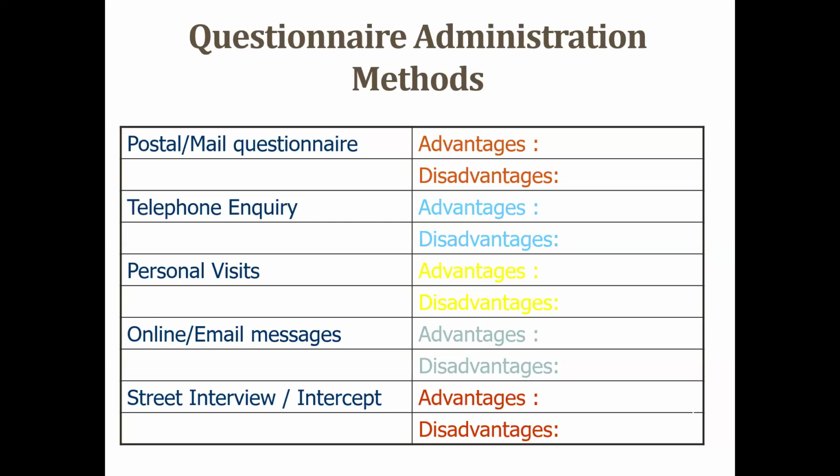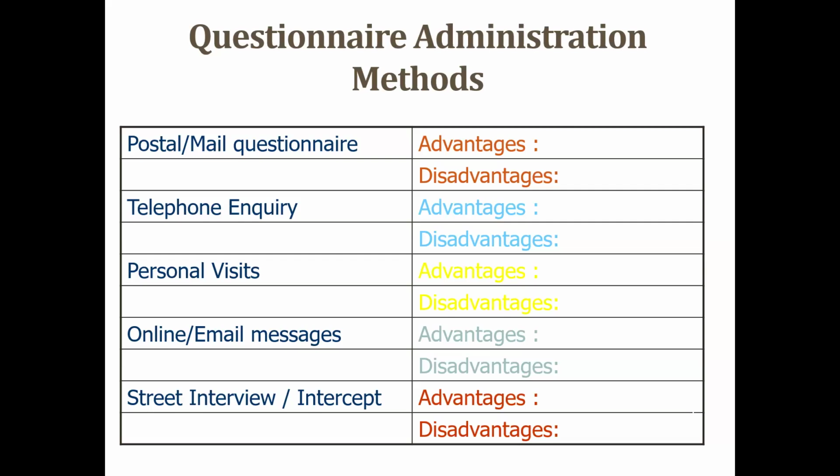All these have the advantage. When it comes to the online ones, one key advantage is that you're able to reach out to a large pool of respondents. It doesn't mean you're going to have a high response rate, but what it means is that you are not restricted by geographical boundaries. It is even far easier to reach further people beyond your immediate surrounding compared to the postal approach.